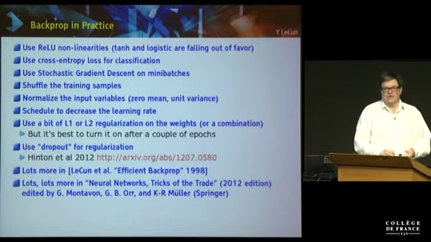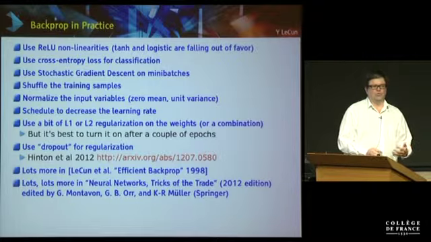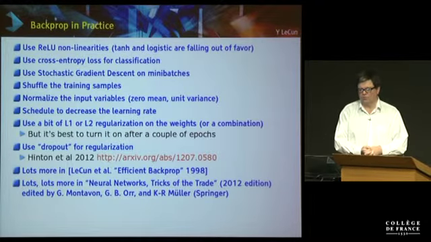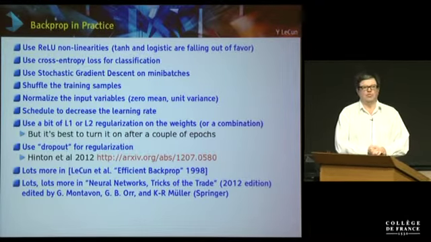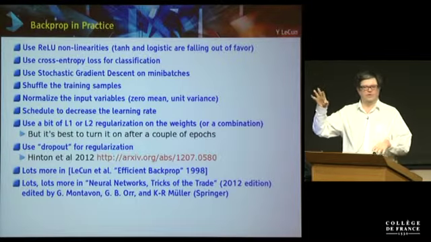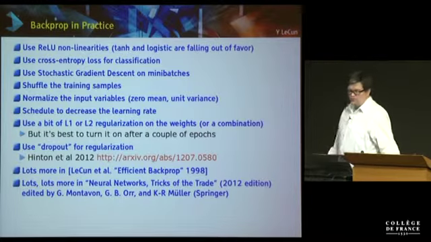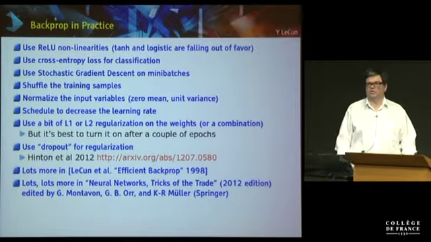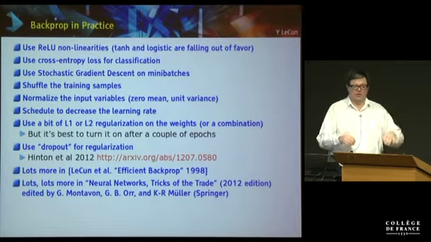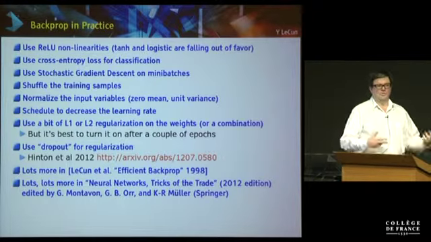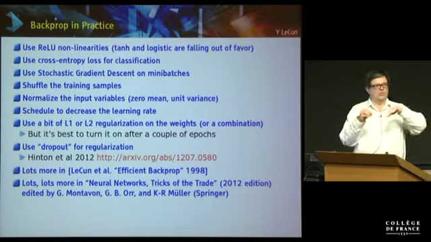There are a few practical issues linked to backpropagation that are important to know. Naturally, you can use any nonlinearity in neural networks. But in the past, we used hyperbolic tangents. And we realized that it generated problems.